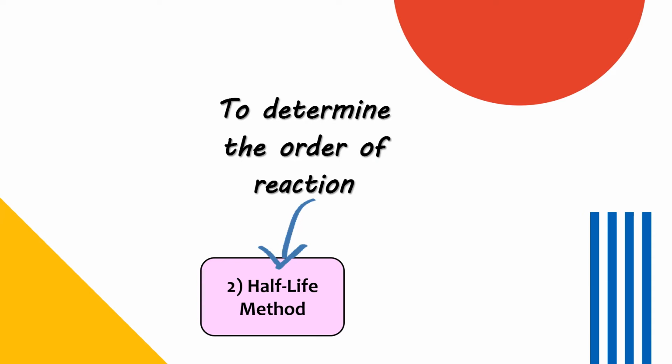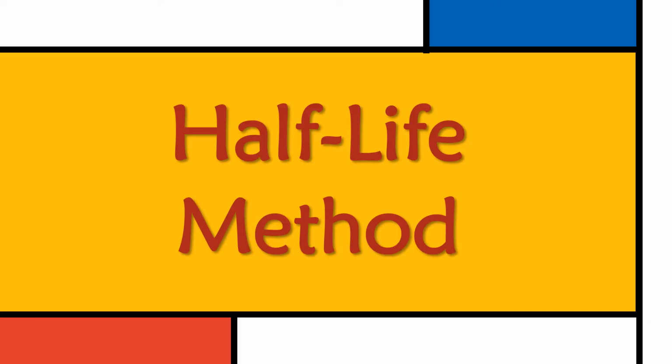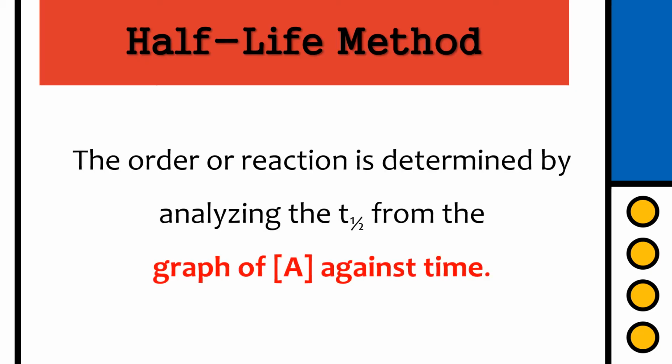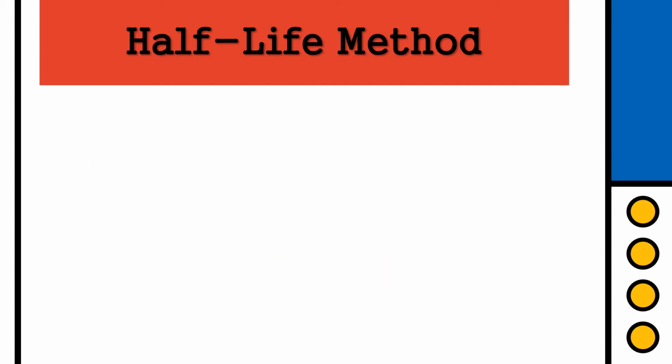So let's start with the half-life method. What is the half-life method? For the half-life method, the order of reaction is determined by analyzing the half-life from the graph of concentration against time. For this video, please take the table that I gave you before and focus on all the graphs inside that table.